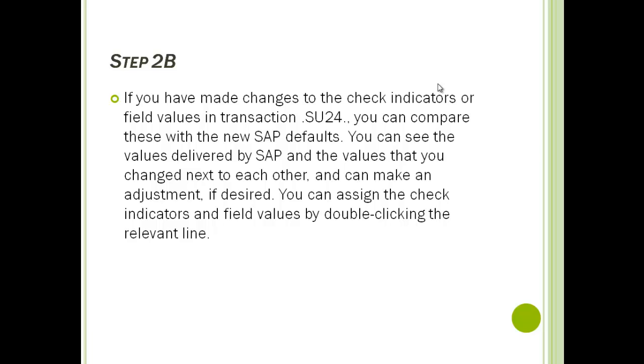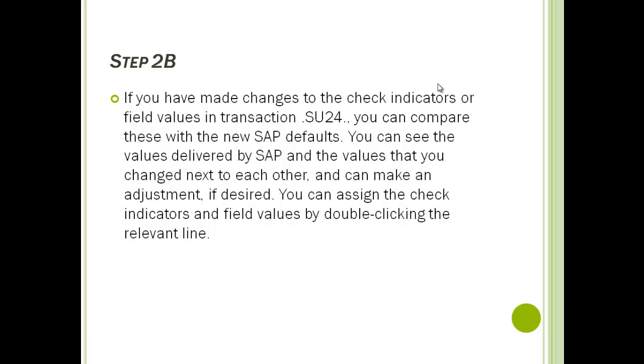Then you can compare the previous and the new version and the SAP default. And if you want to make any further changes in this custom table, you can still do it in step 2B.